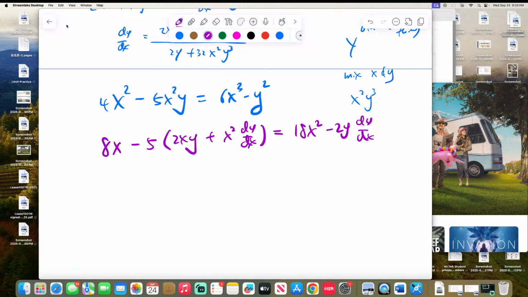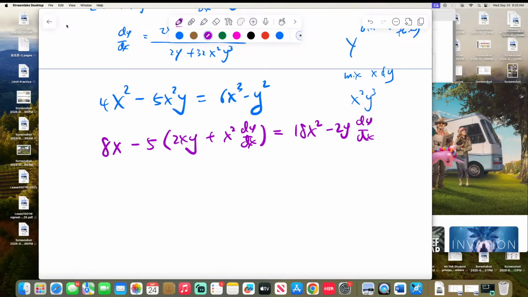Why don't you put a y before x squared dy dx? Like the first parenthesis. It says x squared dy dx. Why not put a y in between? Because I already took it. I'm going to focus on x squared and just take a derivative of y with respect to x. So that's how I get dy dx.